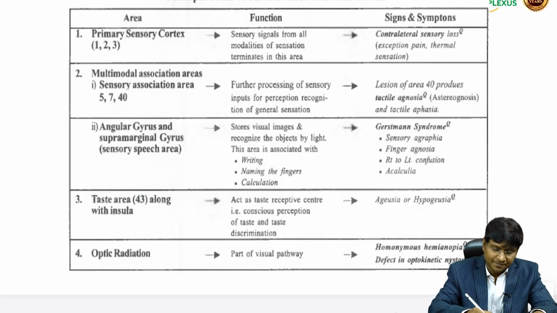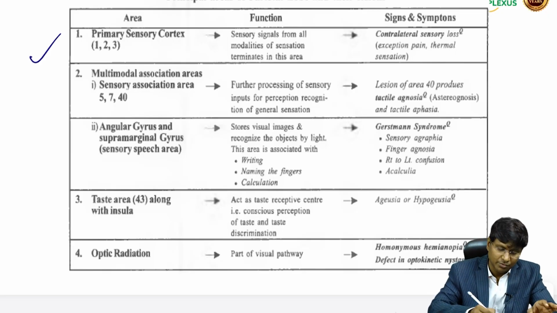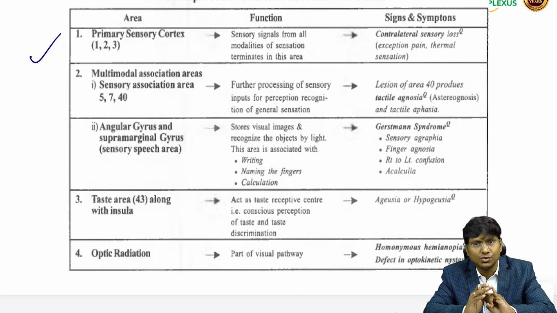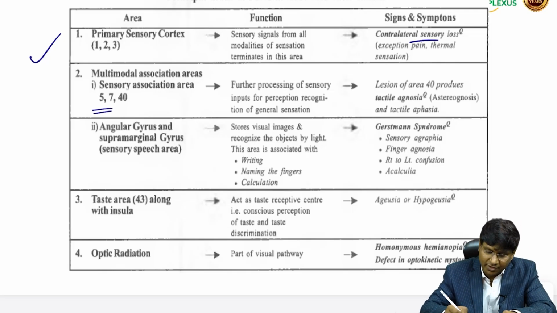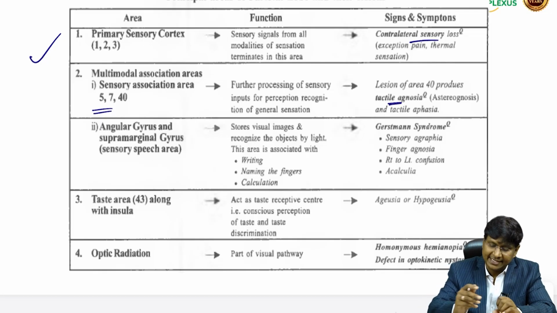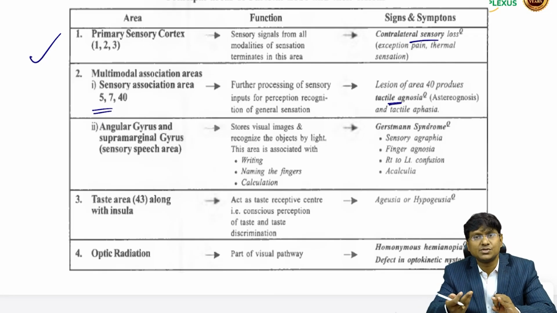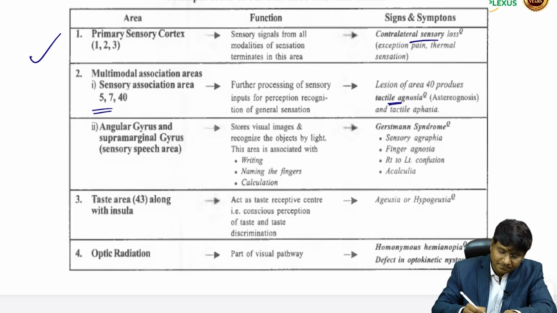So in summary, whenever there is damage to the parietal lobe, in the primary sensory cortex, contralateral sensory loss will be there. In the multimodal association area, that is the sensory association area, areas 5, 7 and 40, the lesion will cause tactile agnosia, astereognosis or tactile aphasia.